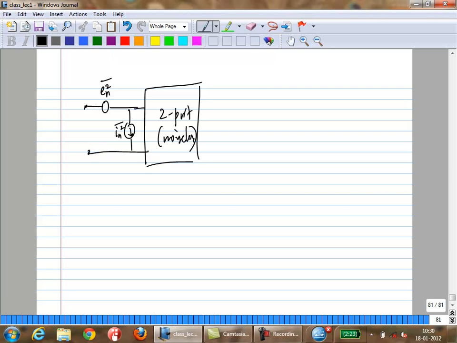Or if you just represent it only by In alone, and you have a short circuit here, which means you're driving it with a very low impedance source, then all the noise current will flow through this. It will look as if the two-port is noiseless. So you can show from linear circuit theory that these two sources are necessary and sufficient to represent the noise of the two-port.